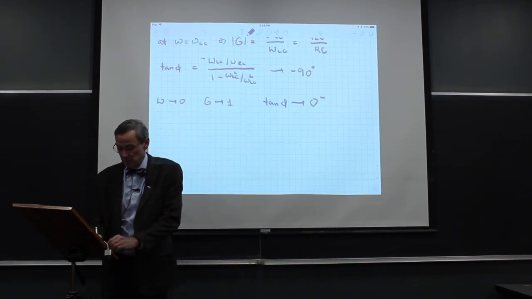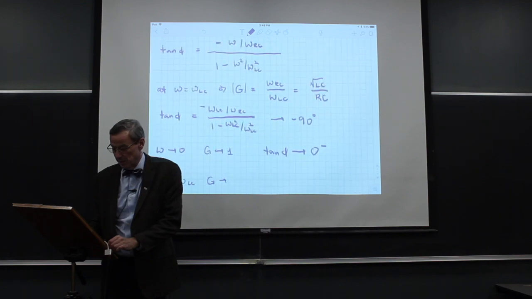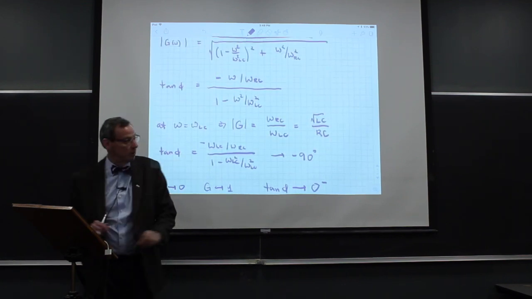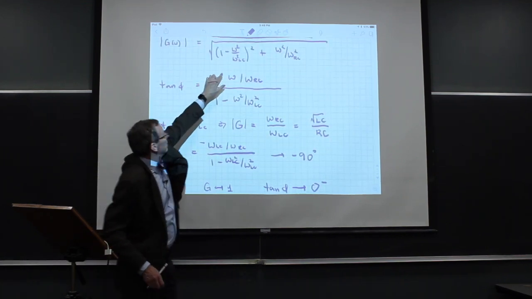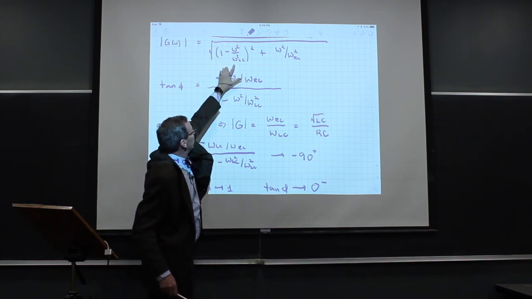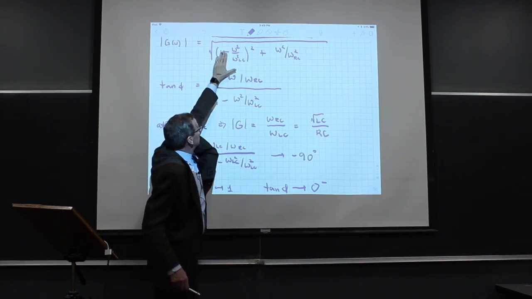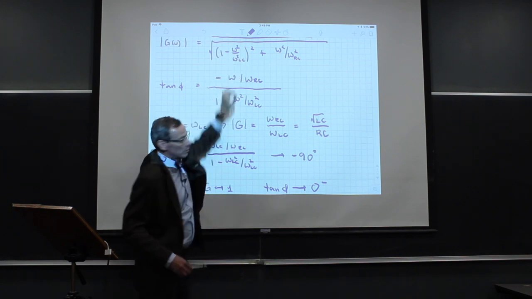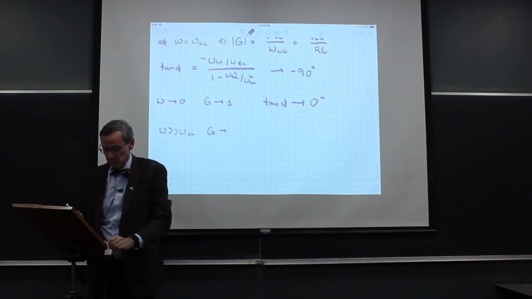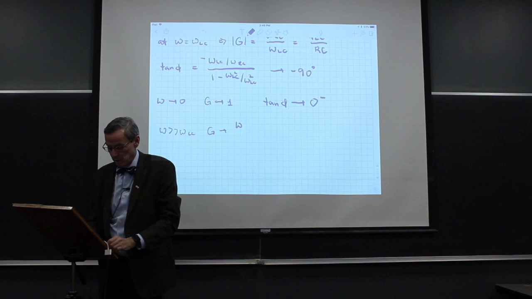And if we take omega much larger than omega LC, then this term wins because it's to the 4th power, so all that's left is omega squared over omega LC squared, squared, over omega squared.